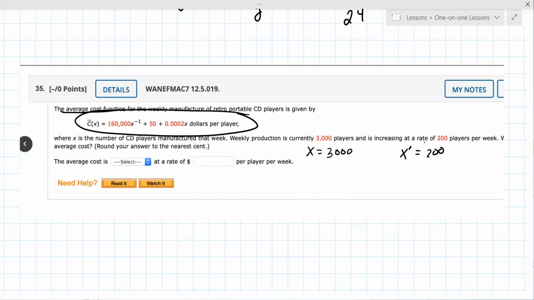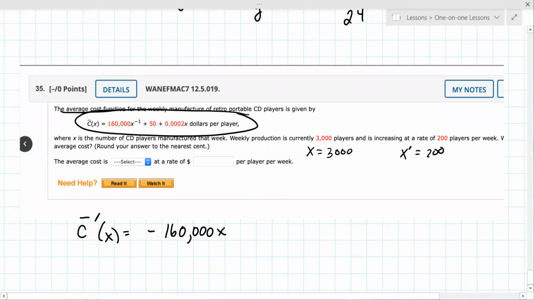This is where we're taking a derivative. Let me read the question. What is happening to the average cost? The average cost is blank at a rate of. So we have to take the derivative of C bar, so it's C bar prime of X, meaning just the derivative of this thing. That's power rule: negative 160,000 X to the minus 2, because you always subtract 1.